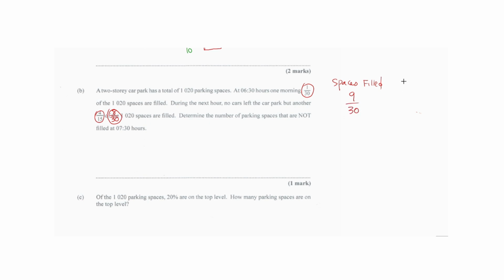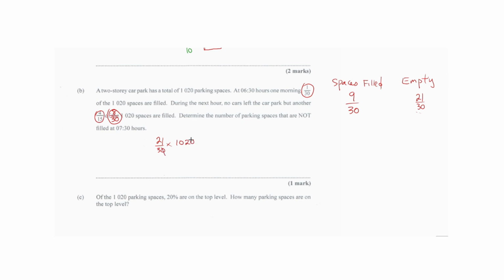Spaces that are empty or not filled would be 21/30. So they want to know the spaces that are not filled. So all we need to do is to find 21/30 of 1,020. So we write 21/30 times 1,020.